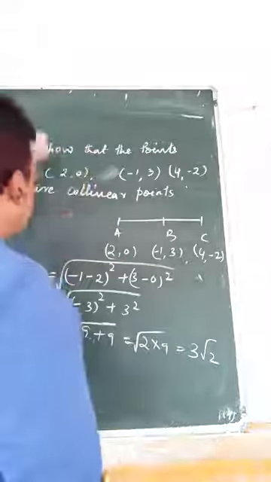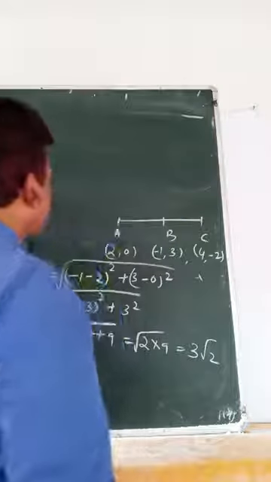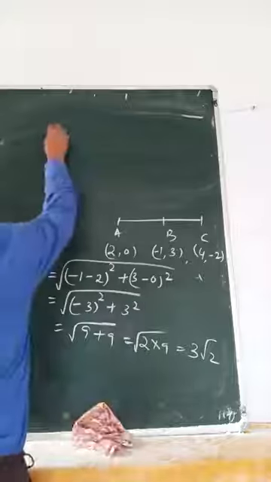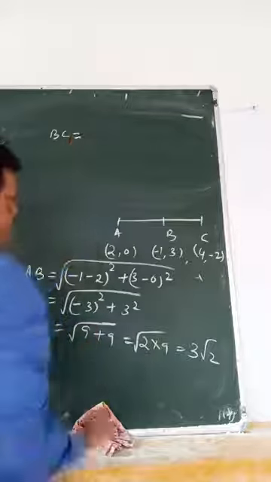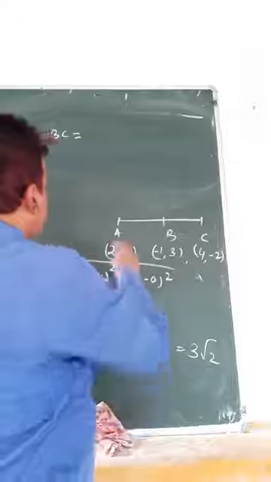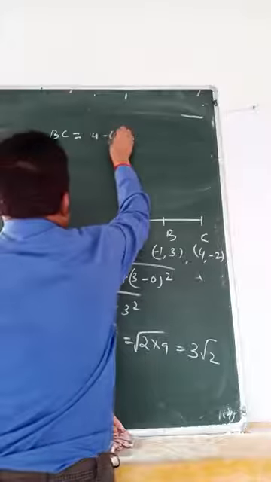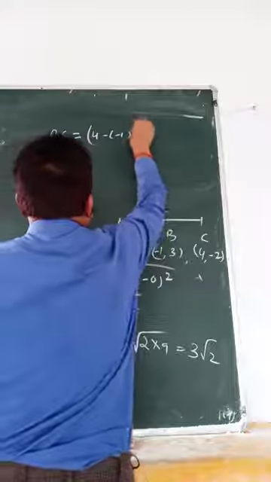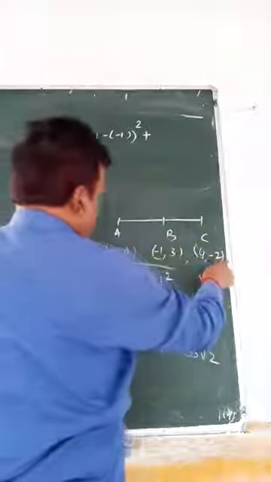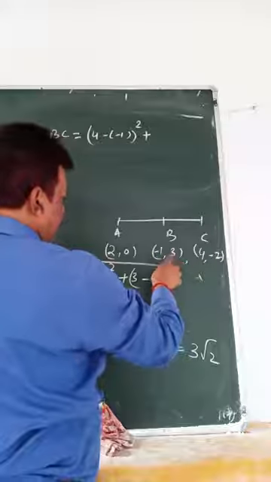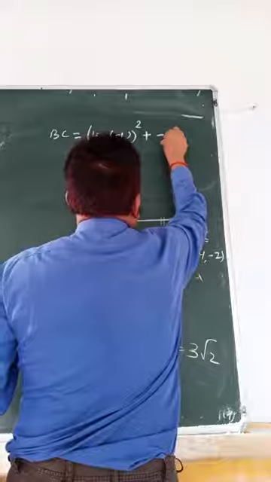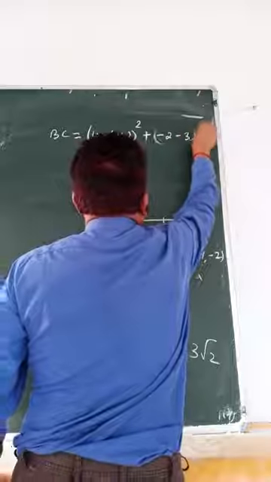Let's find out BC. Root over (4 minus -1) whole square plus (-2 minus 3) whole square.